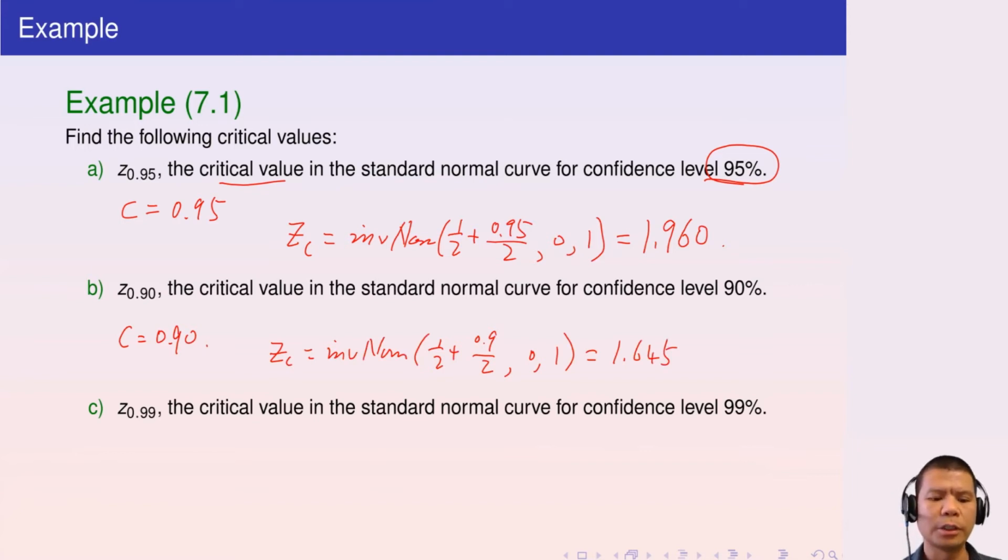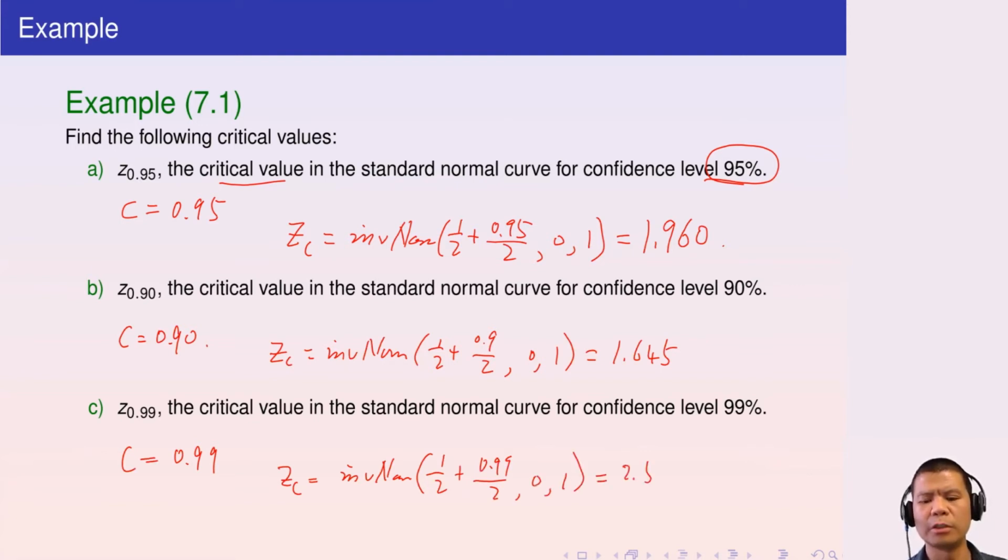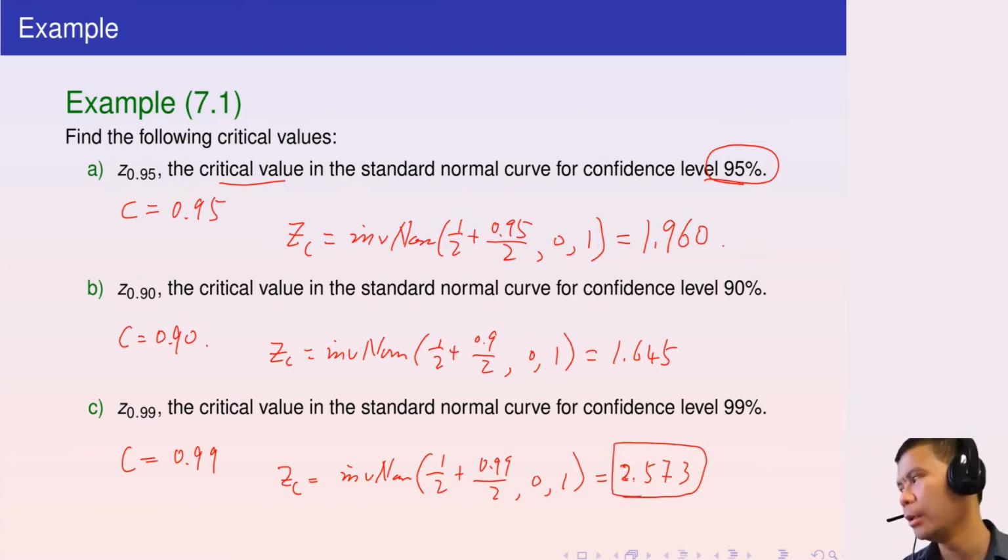And finally, for C equals 0.99, ZC equals inv norm of 1/2 plus 0.99 over 2, comma 0, comma 1. So it's 2.57, I believe that's what it is.